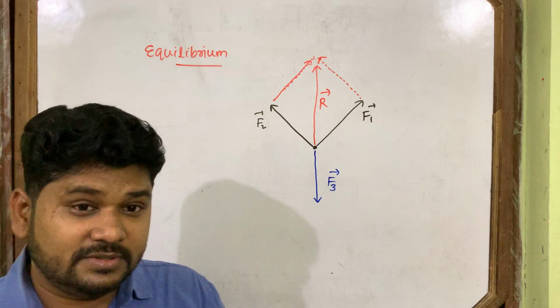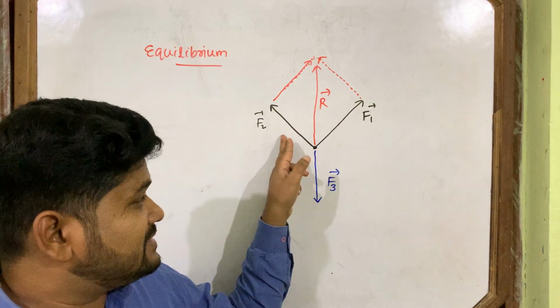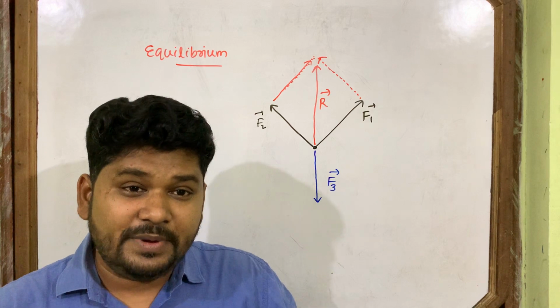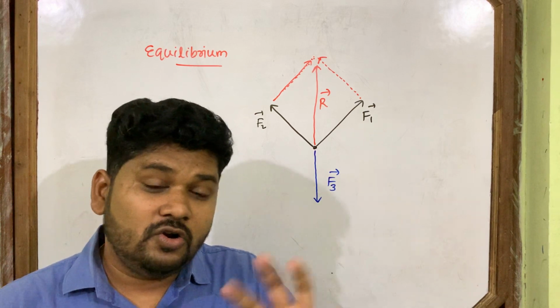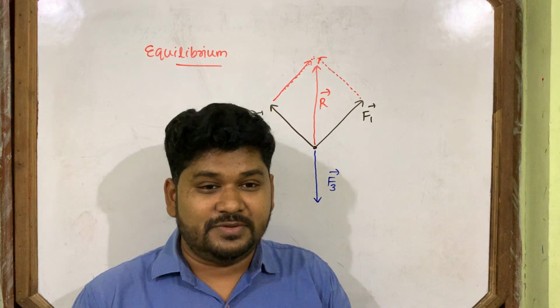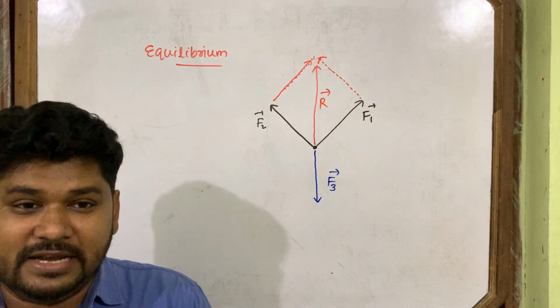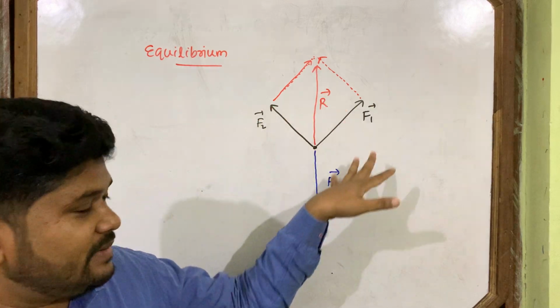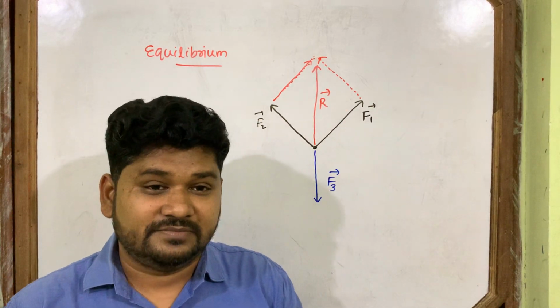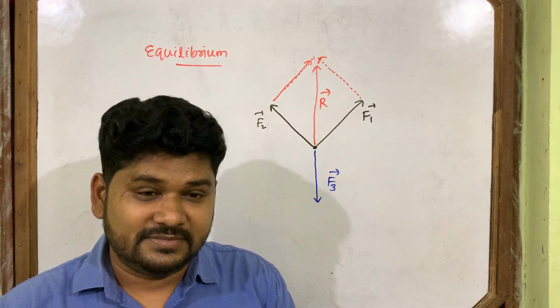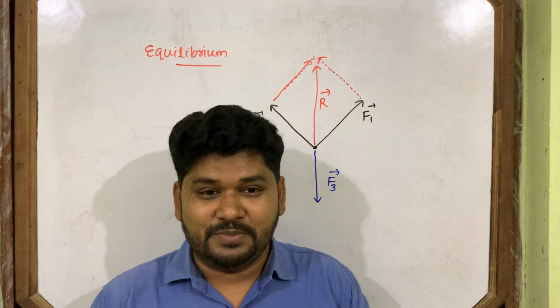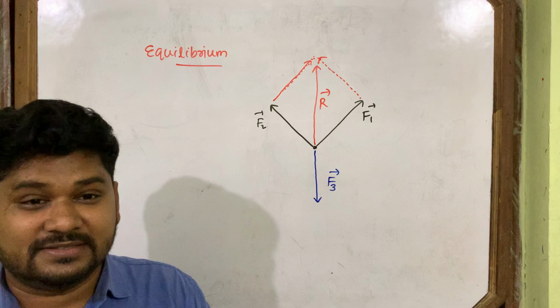Minimum how many unequal non-coplanar vectors, not in one plane, can cause equilibrium? That number we can't fix.